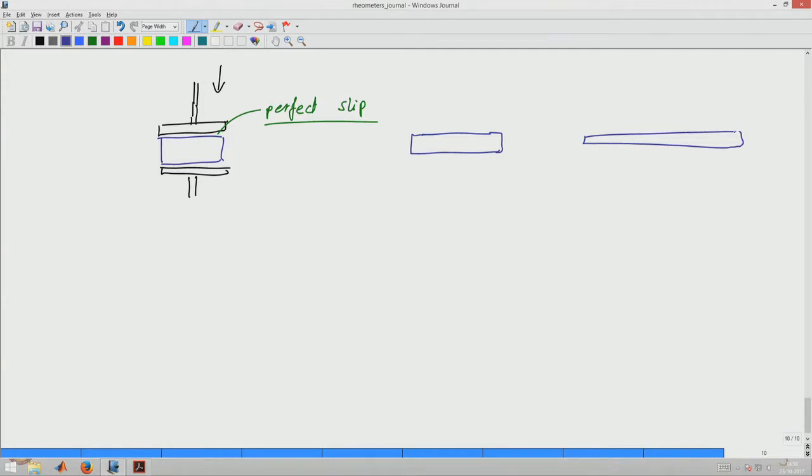So, basically the sample is getting squeezed, or in other words it is getting stretched in the radial direction.